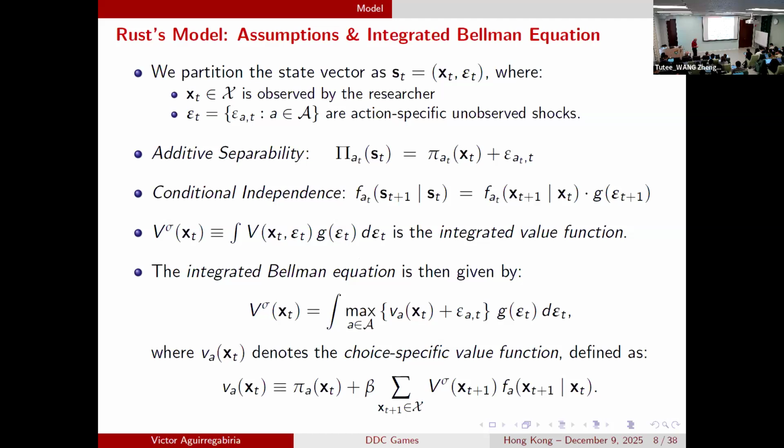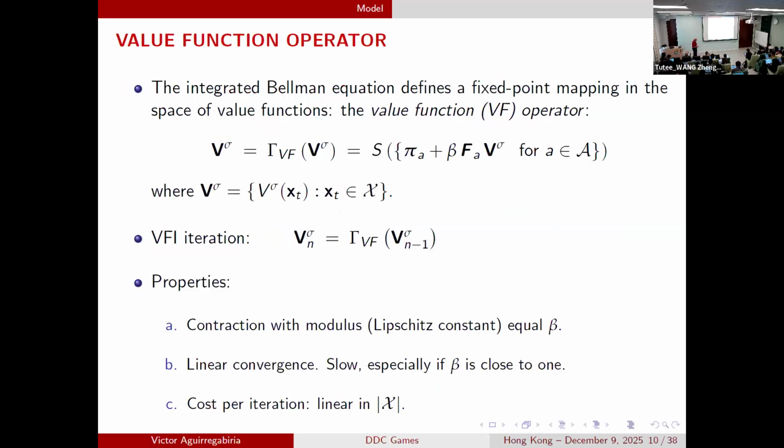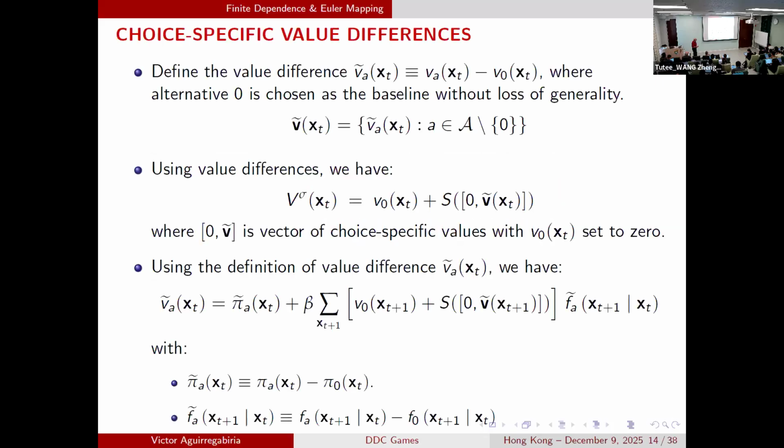And then we have this integration of this expected value. This value is the same under alternative A and alternative 0. Then what we will have here is the difference between the transition probabilities for alternative A minus the transition probability for alternative 0. That will give us the equation for V tilde, for the value difference. And that's exactly what I have here.